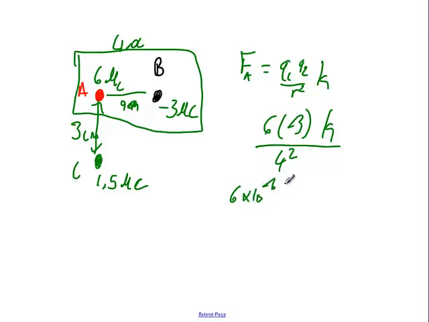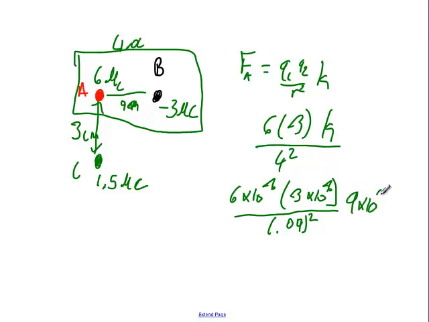That's what the micro means. Times -3 times 10 to the -6. 4 is really 0.04 meters squared, times the constant K, 9 times 10 to the 9th, and if I multiply that all together, I get about 100 newtons.